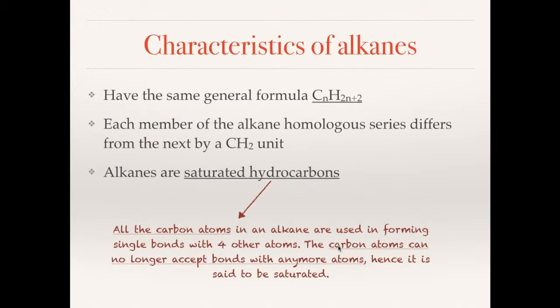The carbon atoms can no longer accept any new bonds with additional atoms. They cannot form new bonds, and this is said to be saturated. Saturated in layman's terms means it's full. So alkanes cannot form new bonds, and are known as saturated hydrocarbons.